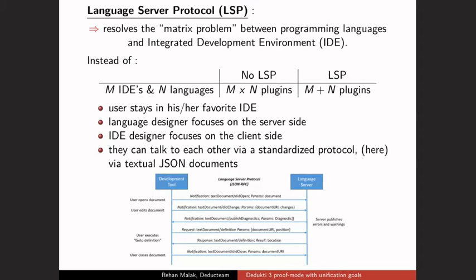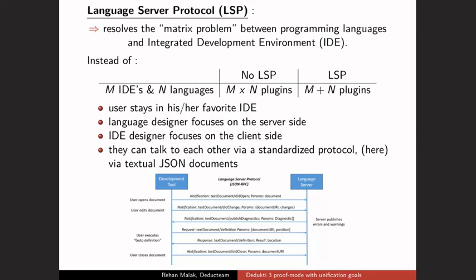It resolves the so-called matrix problem between IDEs and the programming languages. Usually with plugins or configurations not based on LSP, you need to configure each environment times each programming language. And this is a terrible waste of time, and this is not reliable.